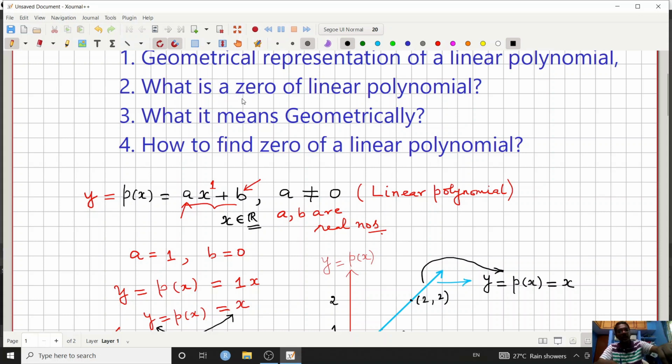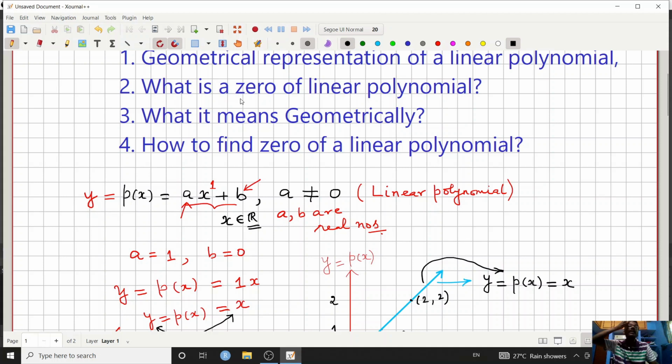So when we say that a polynomial is 0 at some point, that point together with the value of x is what is called the address at which the straight line represented by the linear polynomial cuts the x-axis. That is the meaning geometrically.